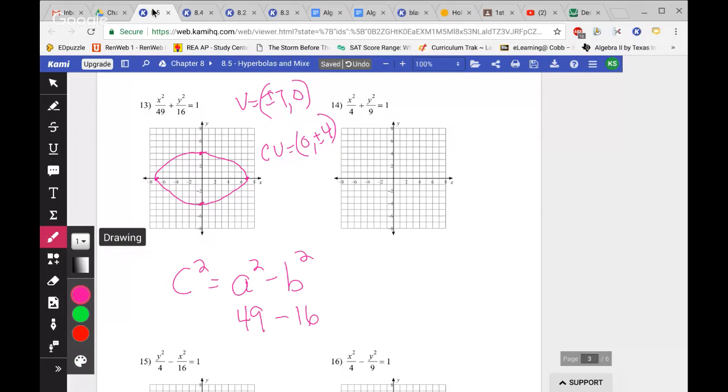And whatever that value is, that's your C squared. And that's going to be 33 in this case. I already had written down what the square root of 33 was, because that's going to be your foci. It's going to be plus minus, and your foci are always on your vertice axis, whatever that is.